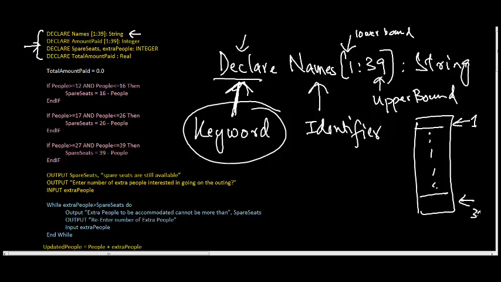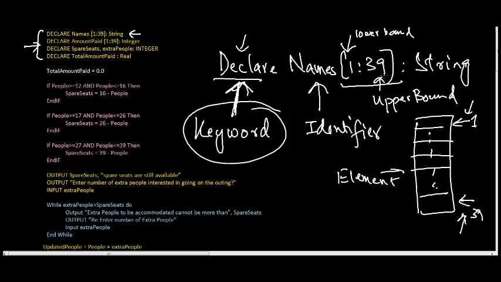That is what the upper bound is telling us. So we have so many elements, or you can say so many boxes inside, but boxes is not the appropriate term. We call these elements, okay? So the starting element would be element number 1, and the final element in the array is going to be element number 39. That is the information which is being provided here.